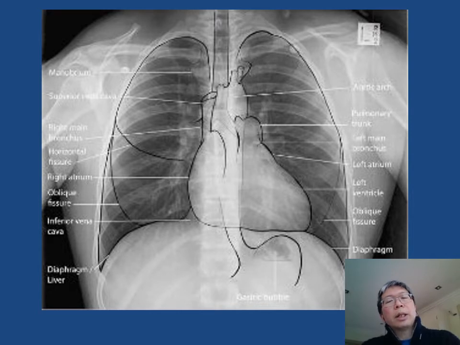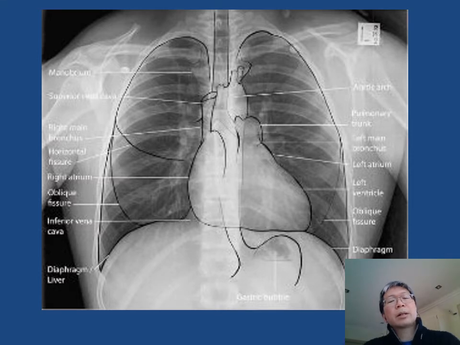Here, the normal X-ray has superimposed upon it the anatomical structures that you are familiar with. On the right side, the brachiocephalic vein communicates with the superior vena cava, which then links to the right atria, the border which should be clearly seen here.